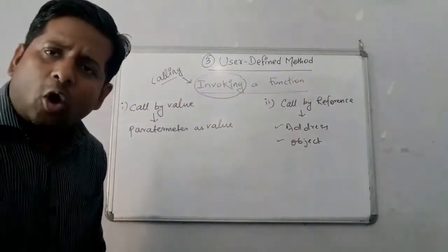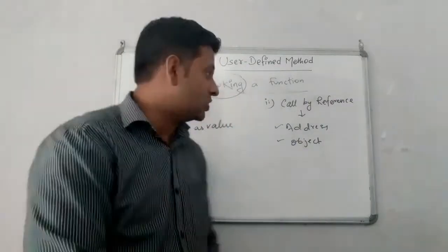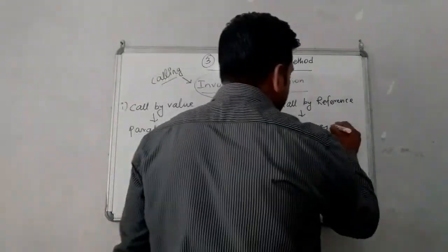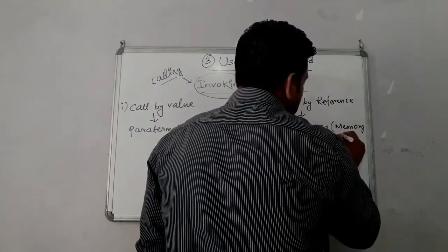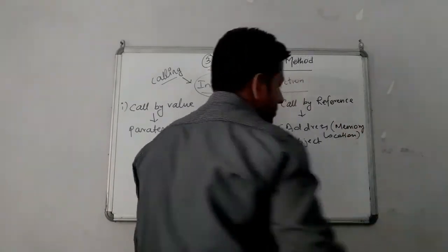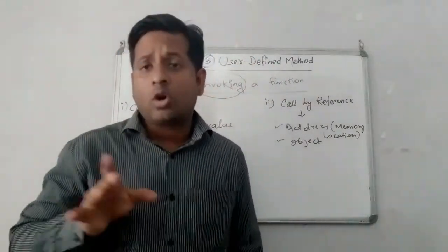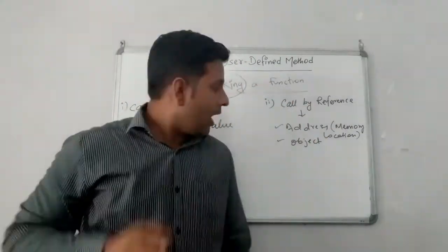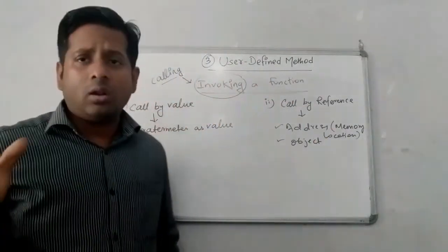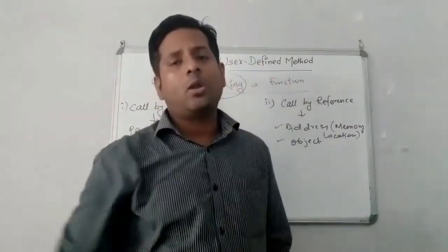When we call any function with the help of its address, and address means the memory location, that is termed as call by reference. In the same way, whenever we call any function or method with the help of an object, that is also known as call by reference.